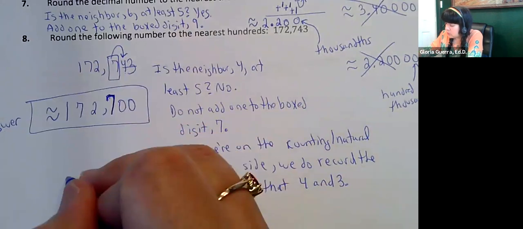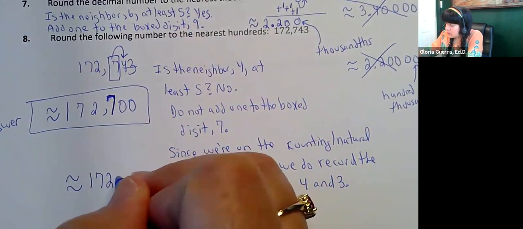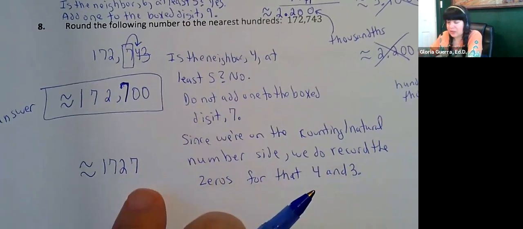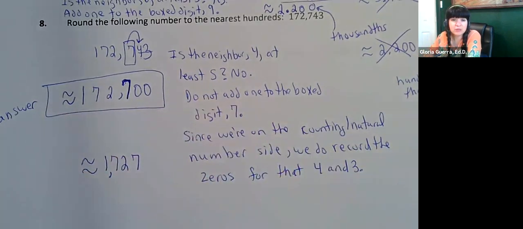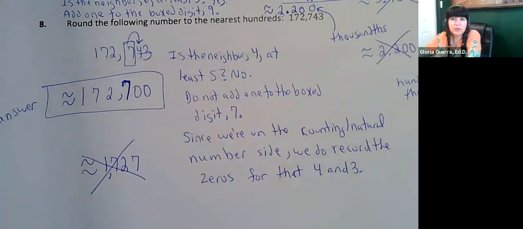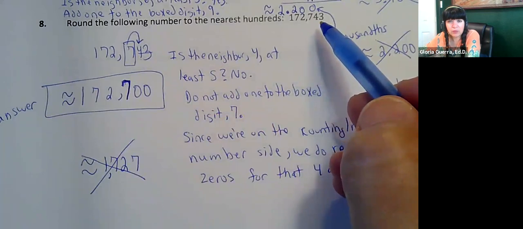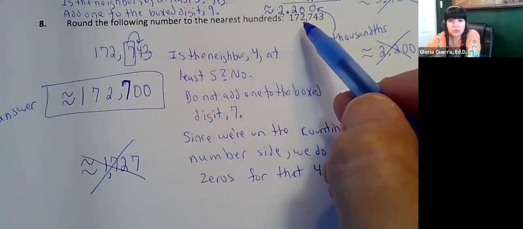If somebody doesn't do that, then they think that this is 1, 7, 2, 7. If they don't put the 2 zeros, they think that's 1,727. That's wrong. It's not. When you estimate 172,743, you round that to the nearest hundreds.